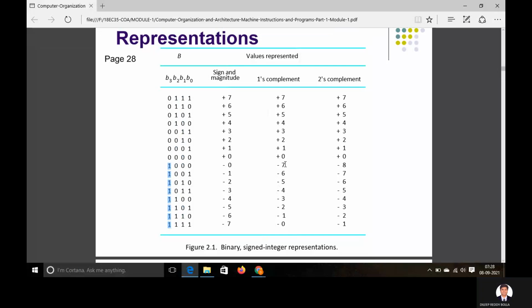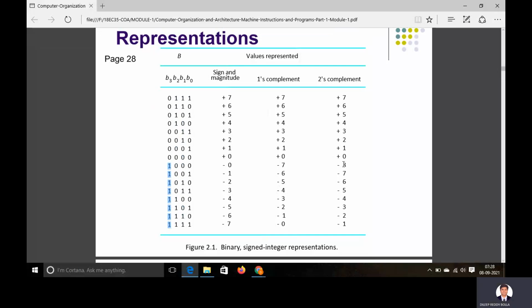In one's complement form, you represent the same number as minus 7. How do we get this? Take plus 7, for example 0, 1, 1, 1, and replace zeros with ones and ones with zeros. It becomes minus 7. That's how one's complement representation is done.